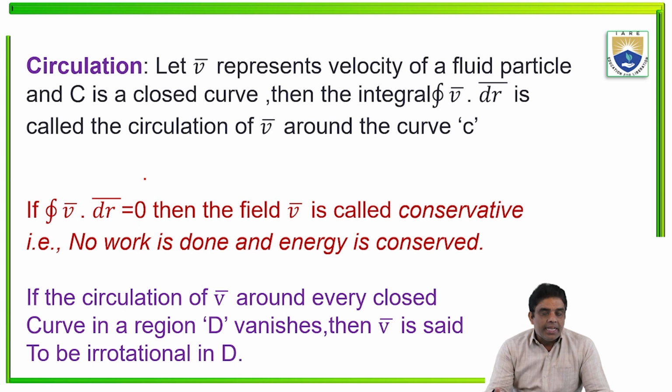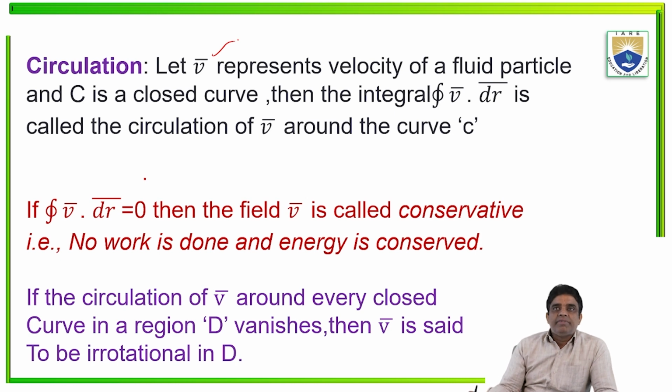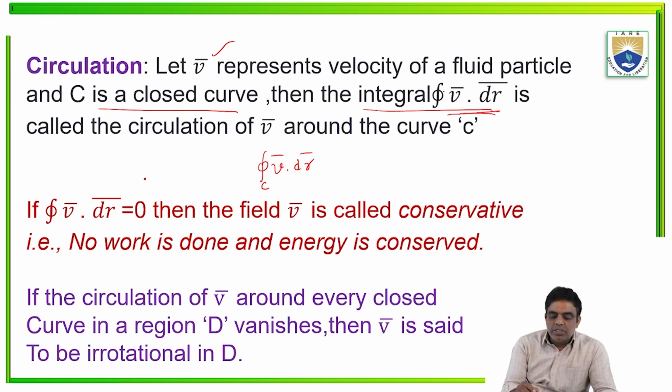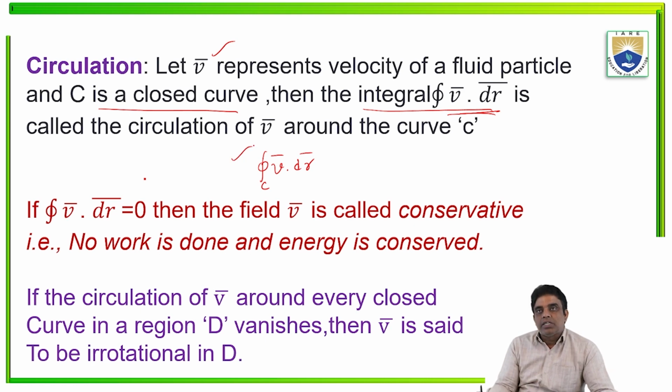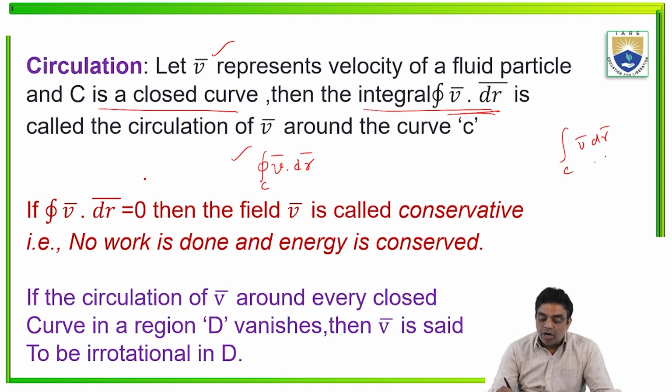There are several applications of line integral. Suppose v bar represents a velocity vector of a fluid particle and C is any closed curve, then we consider the integral v bar dot dr bar along the closed curve C. If you write v bar dot dr bar along the curve C, it need not be a closed curve.